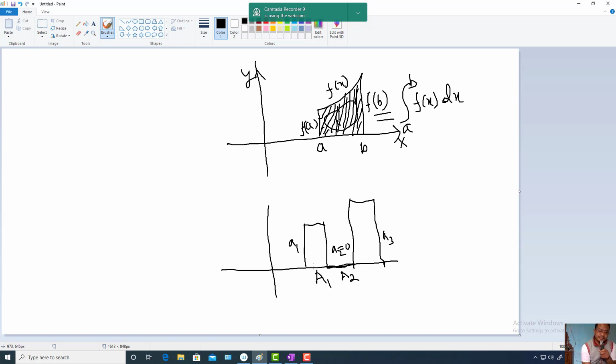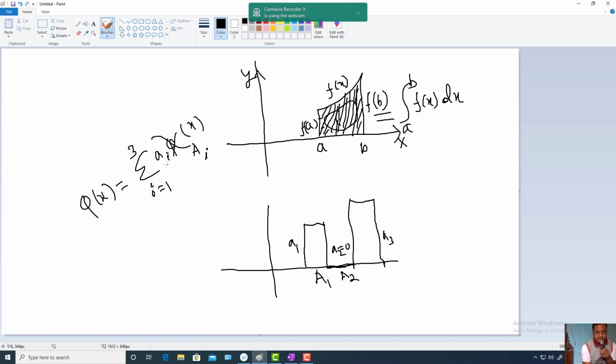Then what is the area? So what is the area of this figure? The function takes what value? According to the simple function definition, phi of x is equal to the summation, i running over the values we have taken, only 3 values, a_i chi of A_i of x.